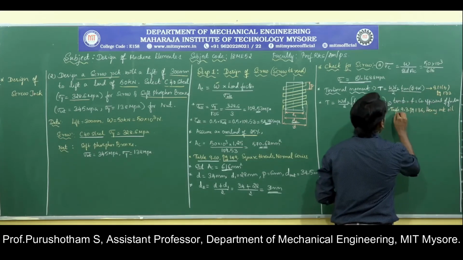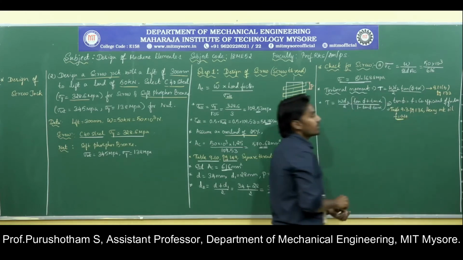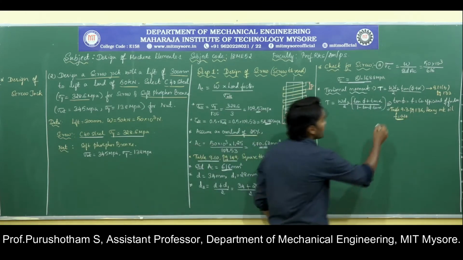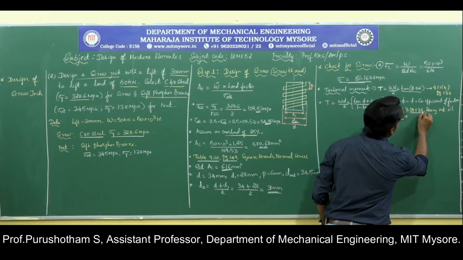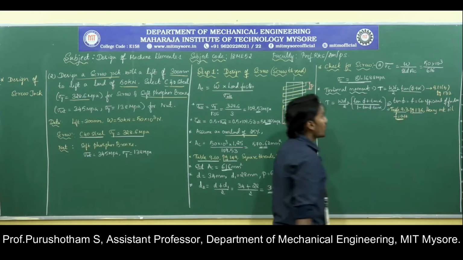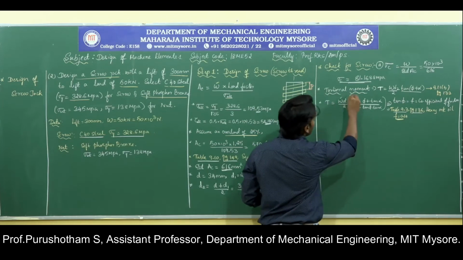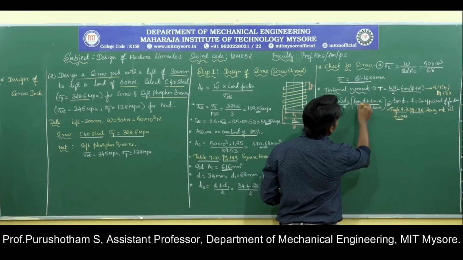From table 9.3, page number 136, for heavy machine oil, the coefficient of friction F is 0.14. Then in this, W is known, d2 is known, and tan phi, that is F, is also known.